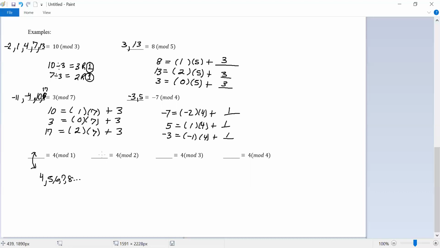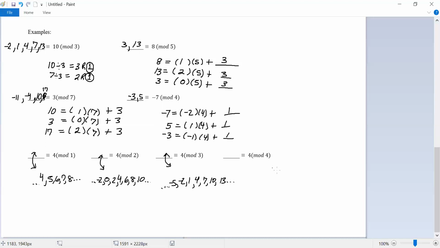Mod 2, what answers could I get? Obviously I could get 4, 6, 8, 10, and I could go down to 0, -2 in both directions. For mod 3, I could get, of course, 4, 7, 10, 13, keep going up. Subtract 3: 1, -2, -5, and keep going down.